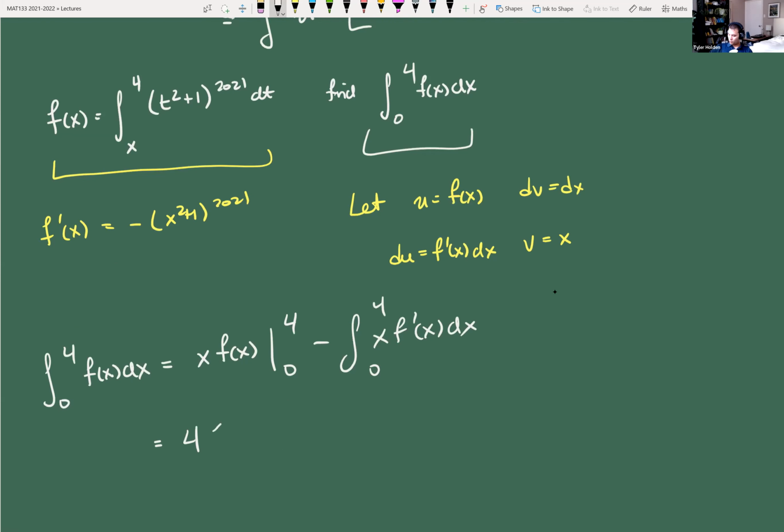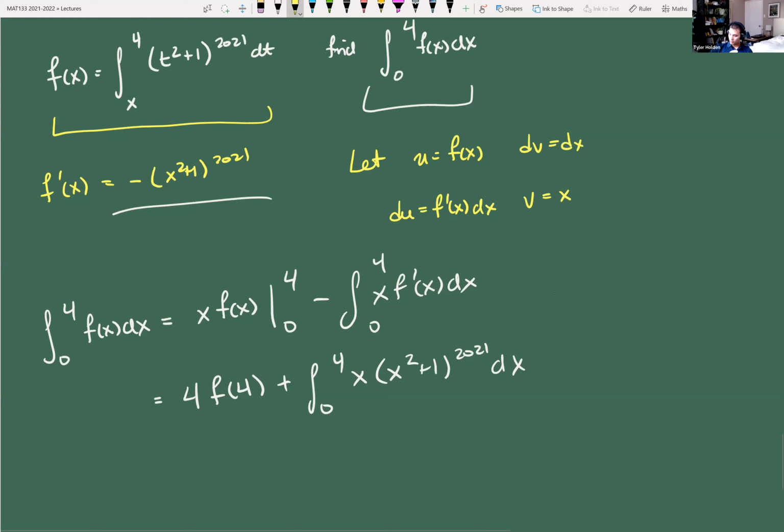So this is going to be 4 times f of 4 minus the integral from 0 to 4 of x times f prime of x, where did I just say? Oh, there it is. That's going to be plus x squared plus 1 to the 2021 dx.